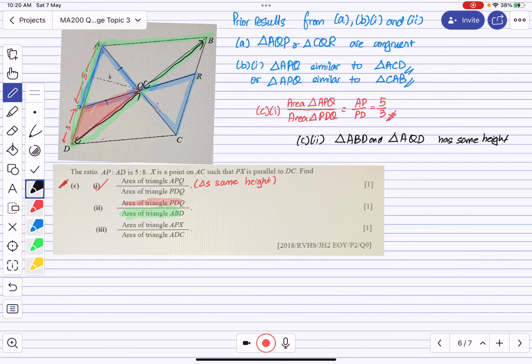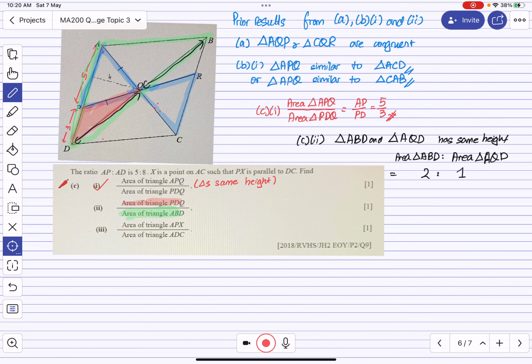So the area of triangle ABD to the area of triangle AQD should give us 2:1, because these are two triangles with the same height. Note that if I draw this red dotted line as the height, it can serve as the height for ADQ as well as the height for ADB.